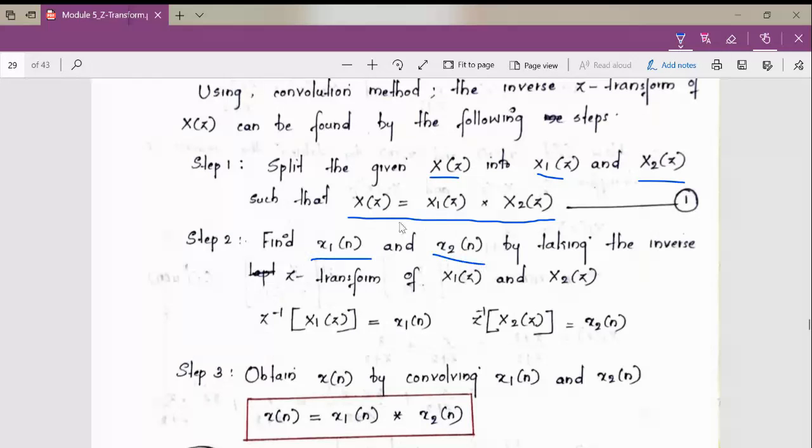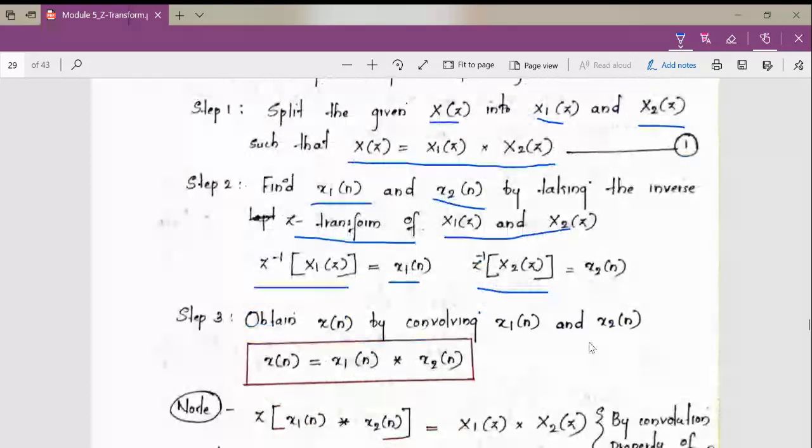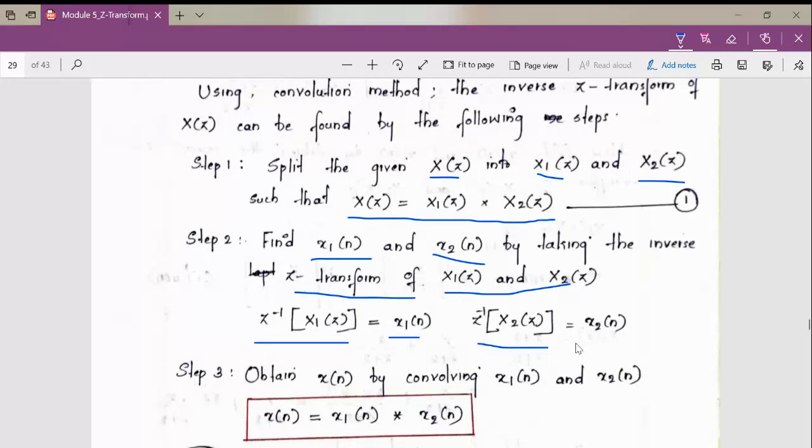That is, X1 of n means the inverse Z transform of X1 of z, and the inverse transform of X2 of z is X2 of n. So Z inverse of X1 of z is X1 of n, Z inverse of X2 of z is X2 of n. So the first step is we are splitting the X of z into two, and then we are finding the inverse of these two split versions.